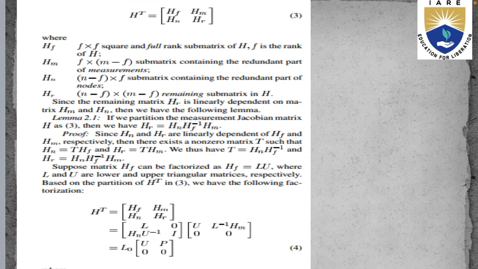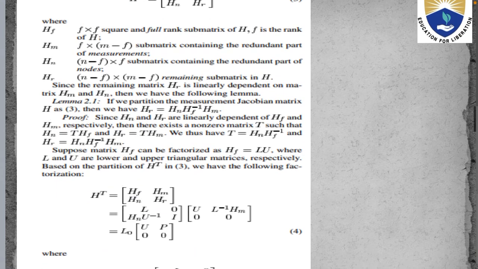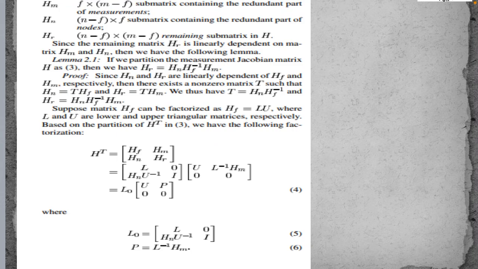H^T = [ρ1 H_F, H_M; ρ2 H_N, H_R] = [ρ1 L, 0; ρ2 H_N U^-1, I] [ρ1 U, P; ρ2 0, 0] = L0 [ρ1 U, P; ρ2 0, 0], where L0 = [ρ1 L, 0; ρ2 H_N U^-1, I], and P = L^-1 H_M.